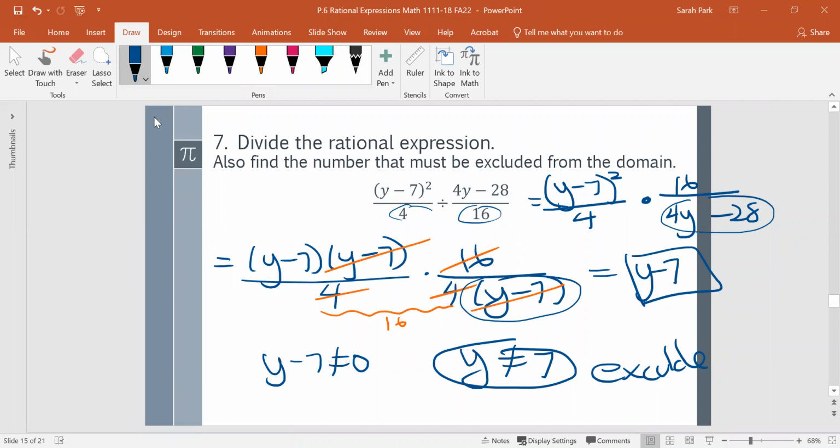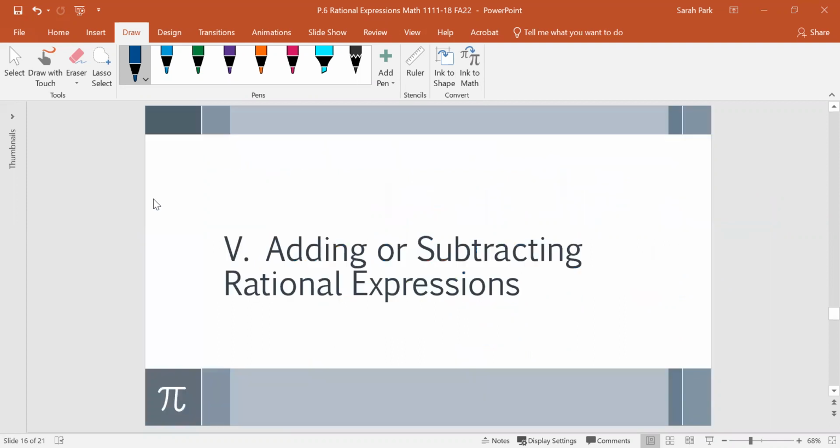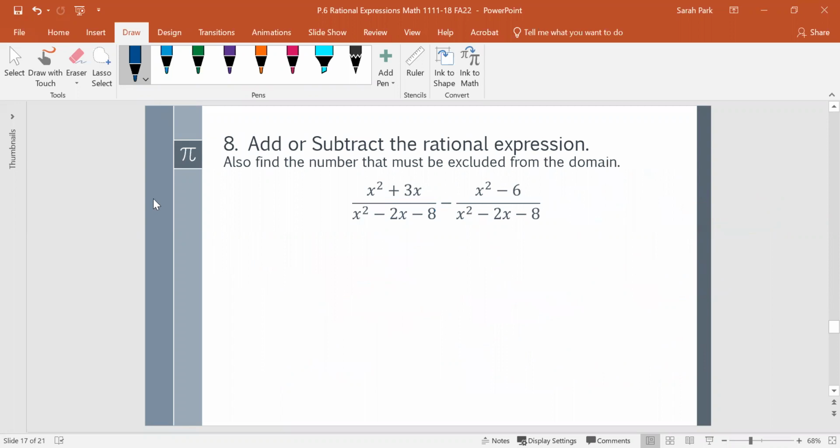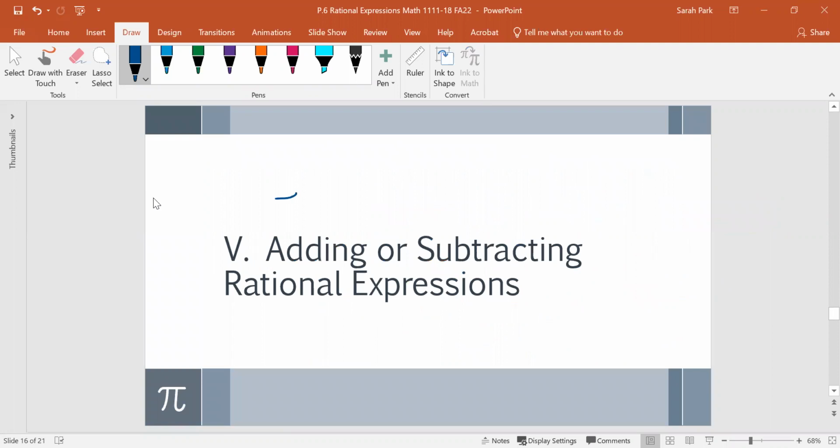Okay, so we looked at multiplying and dividing rational expressions. We can also add and subtract rational expressions. With adding or subtracting fractions, let me go back to your 4th grade class. When you subtracted fractions like 2/3 minus 1 over 5, we had to subtract fractions that don't have common denominators.